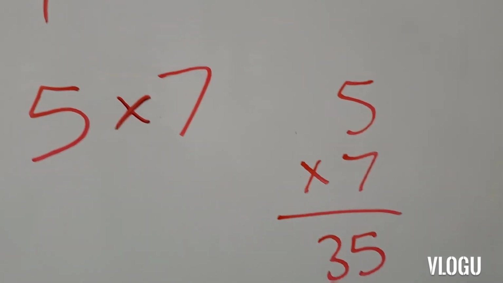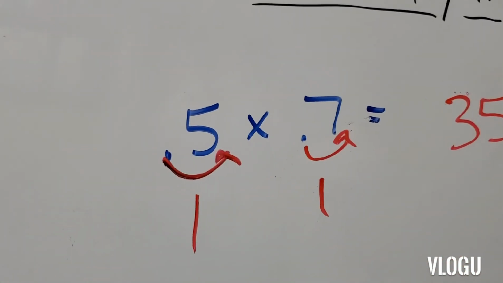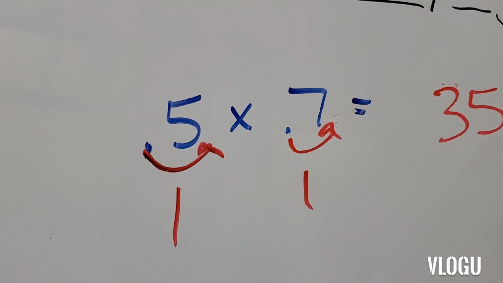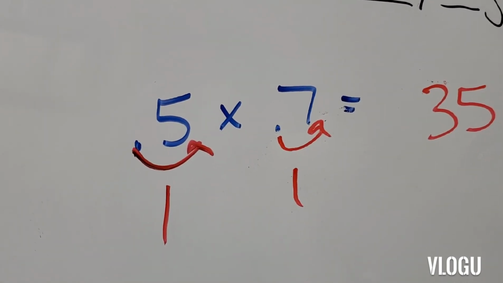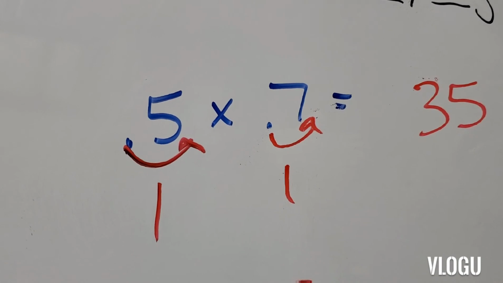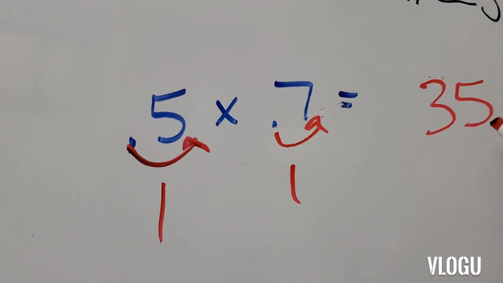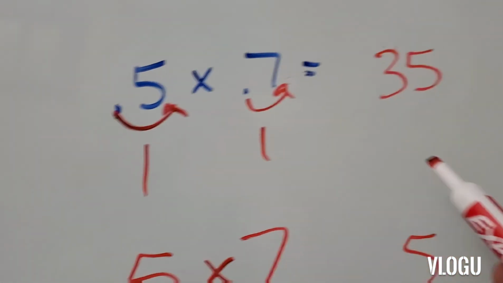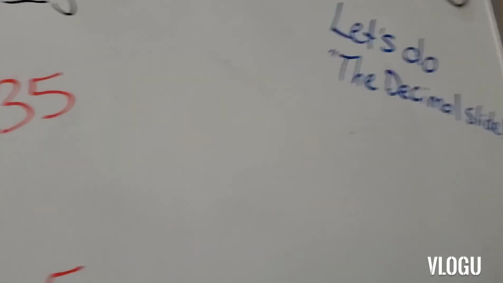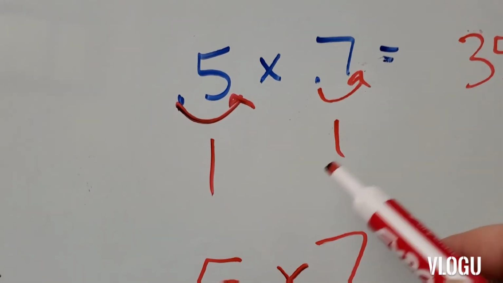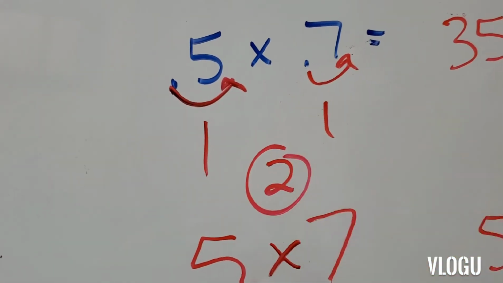But wait, we aren't multiplying 5 times 7. We're multiplying 5/10 times 7/10. So I got 35 by blooping, or sliding the decimal 1 plus 1, 2 spots out of the way.